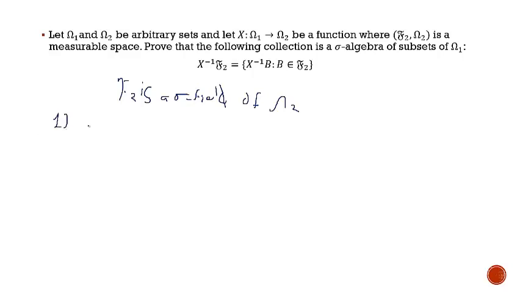Number 1. By definition of sigma algebra, omega 2 is in F2. Then the preimage of omega 2 is in this collection.